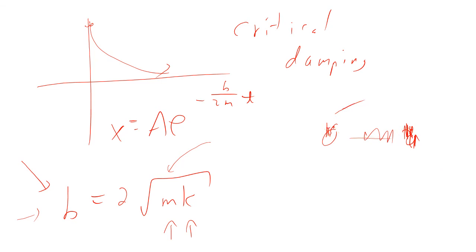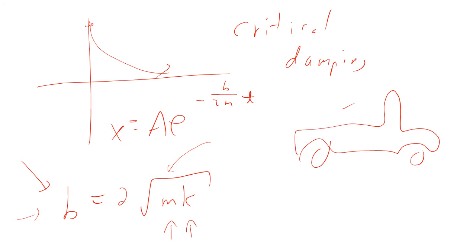Okay. Now think about a pickup truck, for example. The idea of a pickup truck is that it is supposed to be carrying a load right here. And so the b is based on a load right there in the bed of the truck.